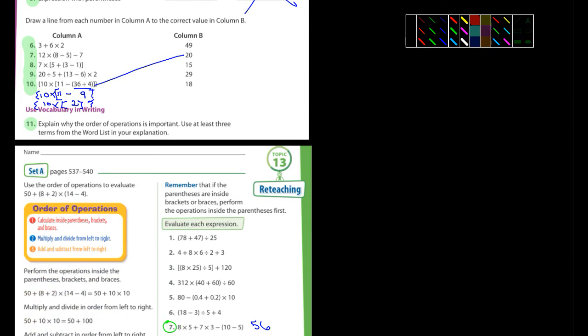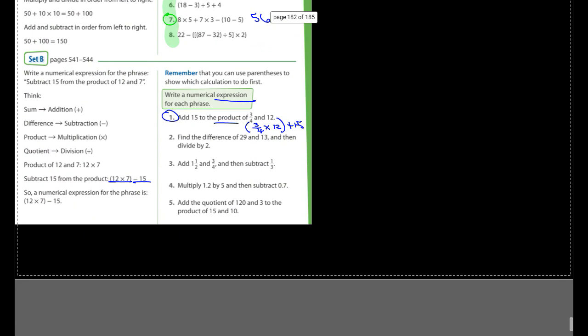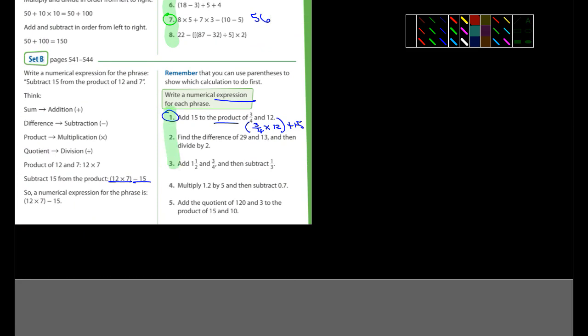And then the next page, you guys can do, yeah, you can do all these, 1 through 8. And then, bottom of that page, you can do all those, 1 through 5.